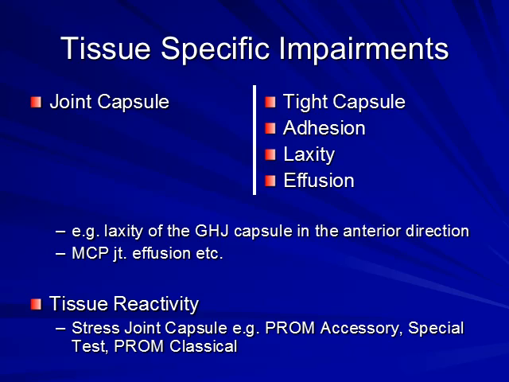Let's say we're looking at the ATFL of the ankle, and the ATFL really binds with the capsule, very much so. And let's say they have a rupture of the ATFL, and they also have a talocrural joint laxity in the anterior direction. So you could argue that passive range of motion accessory would be the first thing I would look at.